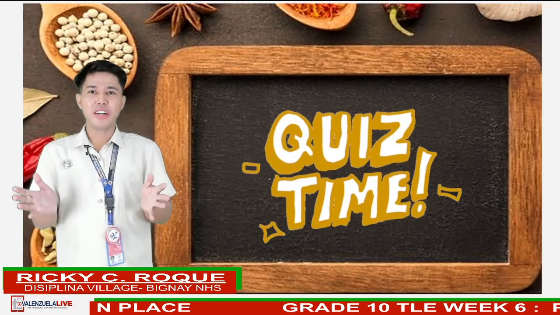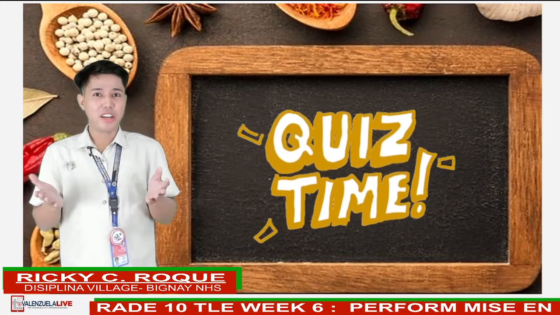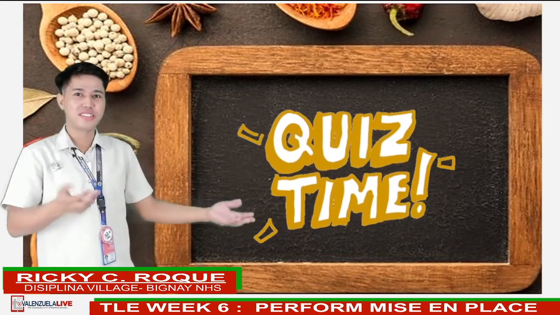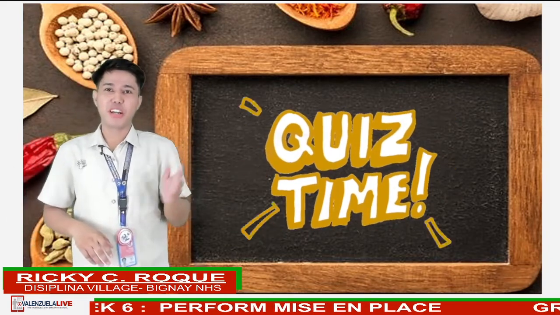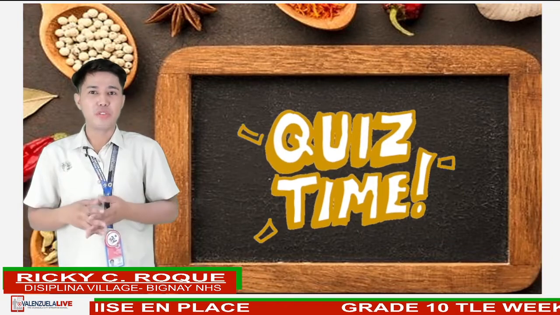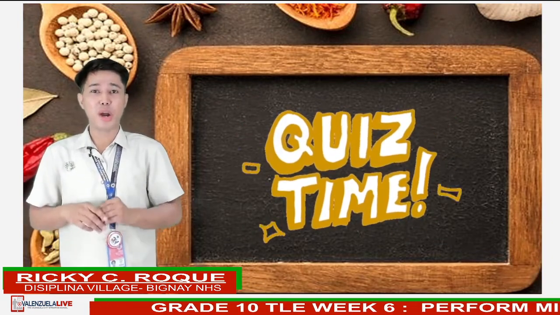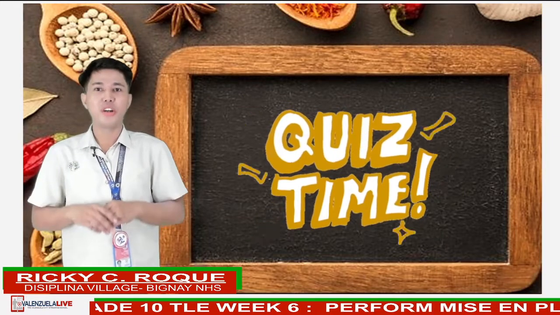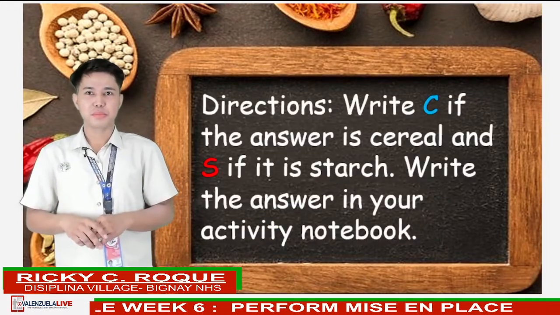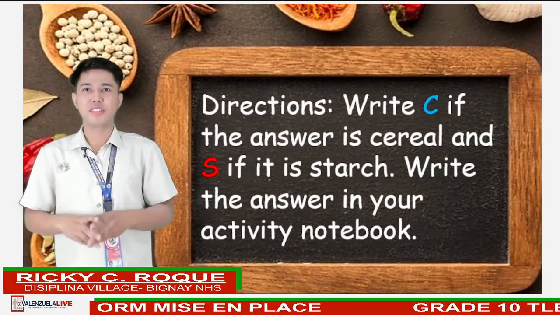We are near the end part of our discussion. I prepared a short quiz. If you still remember the difference between cereal and starch, I will give you 5 seconds to think whether the following food products are cereal or starch. Let me read the directions.